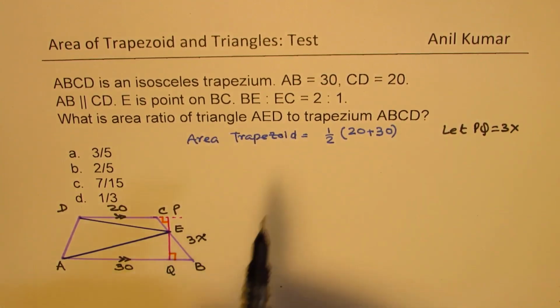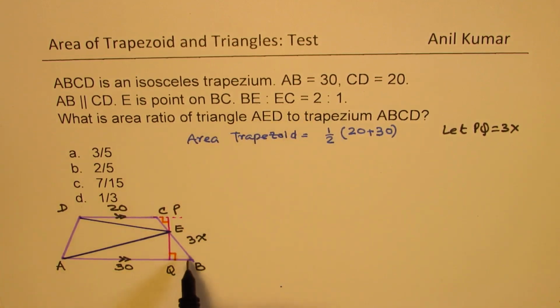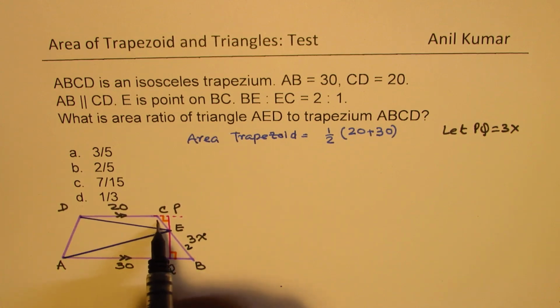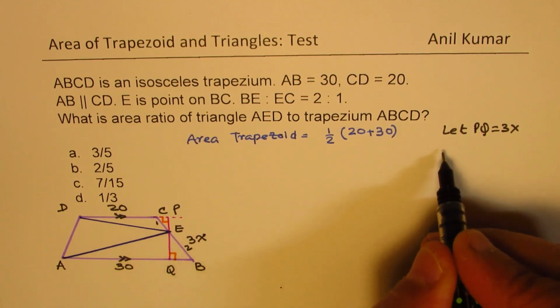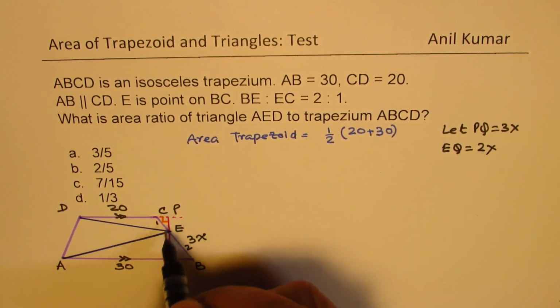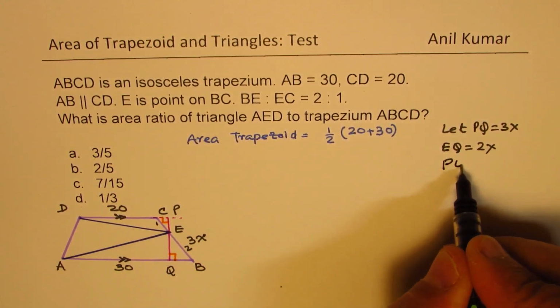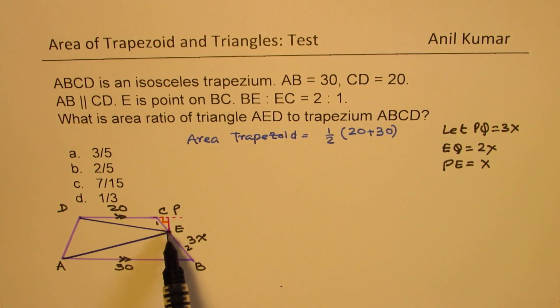In that case, since we know that the ratio of BE to EC is 2:1, these two are similar triangles. So we have the side EQ equal to 2x and PE equal to x. Does that make sense to you, right? So now we have this distance x and 2x, 1:2 ratio, total becomes 3x, correct?